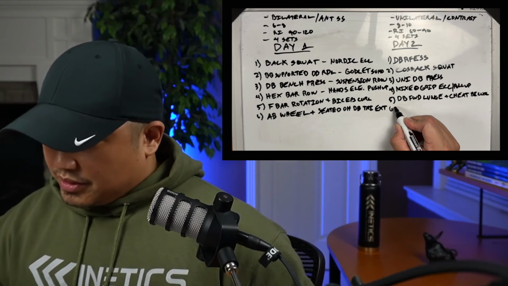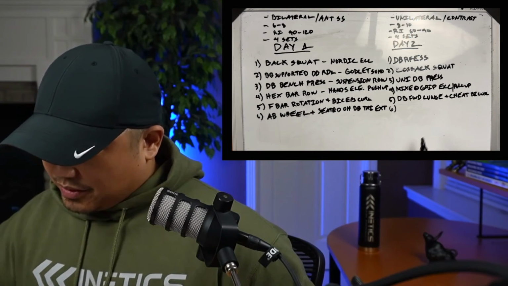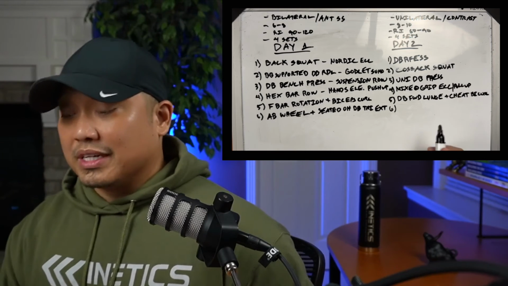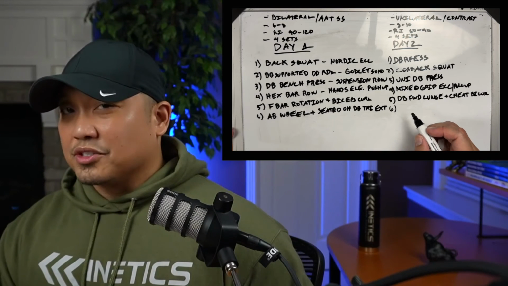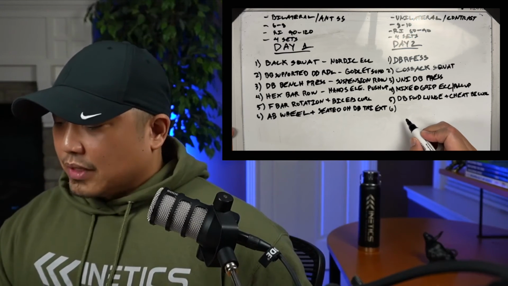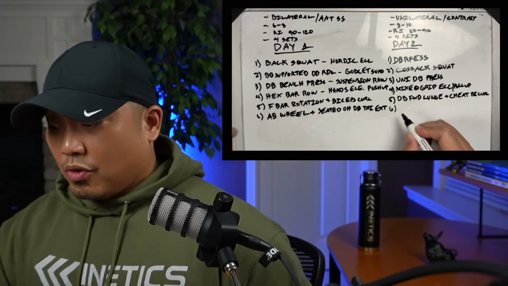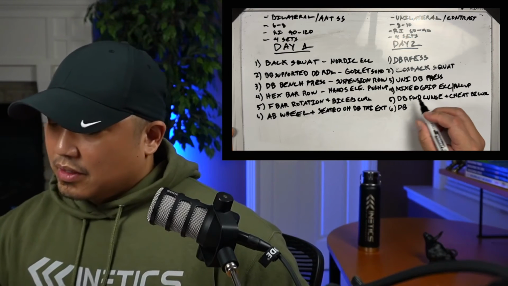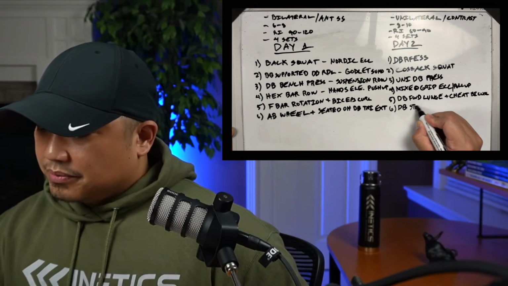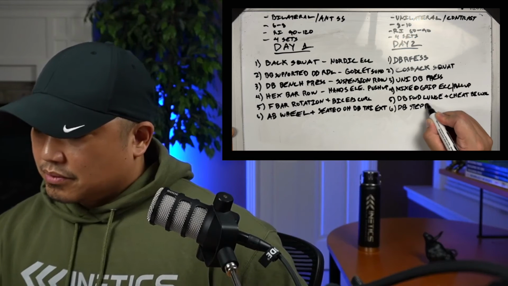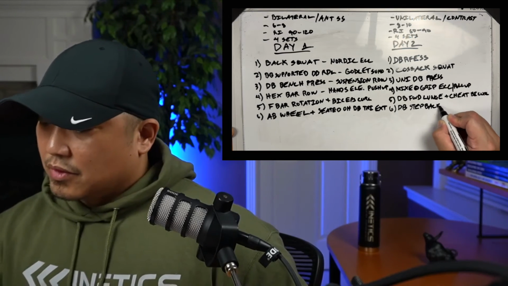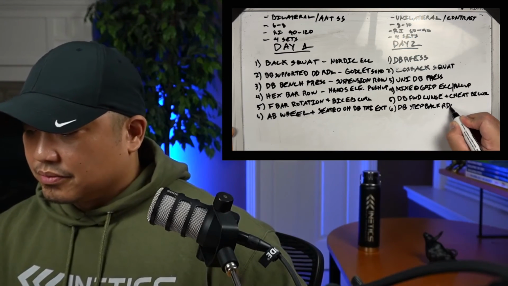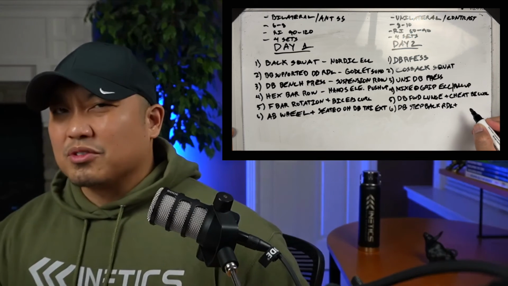And number 6, well, we need a hinge. Let's go back to the hinge movements. Because we are going forward, why not a dumbbell step back RDL? Let's get some kind of a tricep.